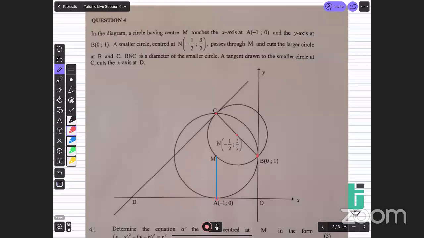So that means C would be (-1, 2). Here you're adding a half, and there you subtract a half. Do you guys see how you're getting answers already before you're looking at the question?